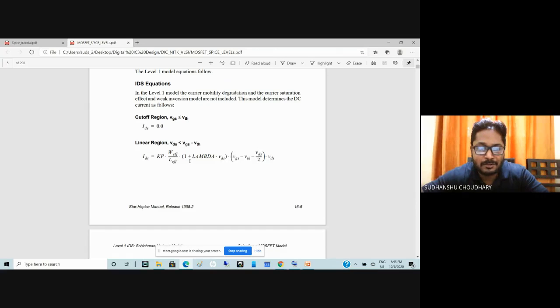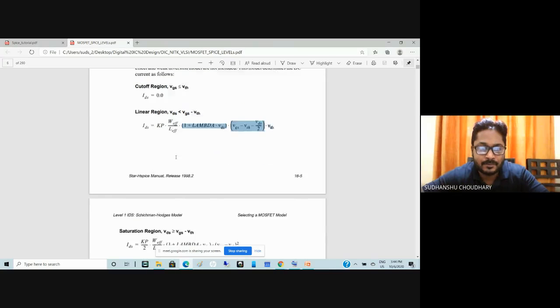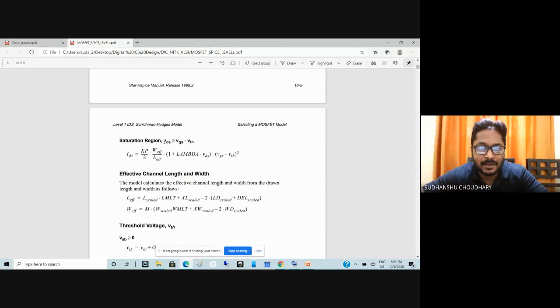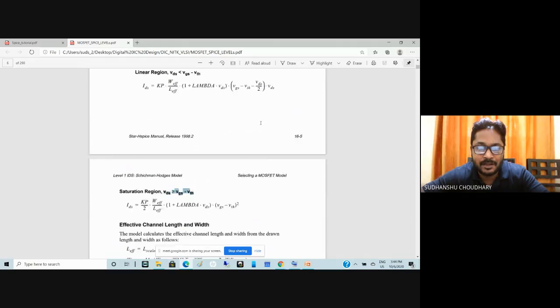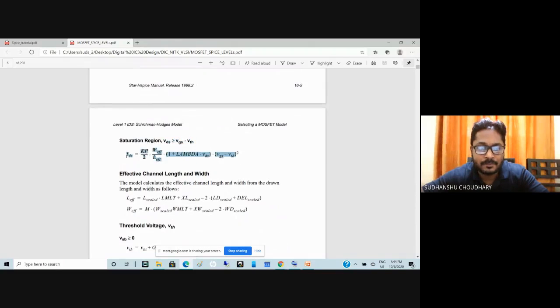ID is mu n Cox W by L, (VGS minus VT) into VDS minus VDS square by 2, for linear region, where VDS is less than VGS minus VT. So the equation for linear region is this. For saturation region, you have VDS greater than VGS minus VT. So simply you put VDS equal to VGS minus VT here, and you will find this equation. That is the equation of current for the MOSFET in saturation region.